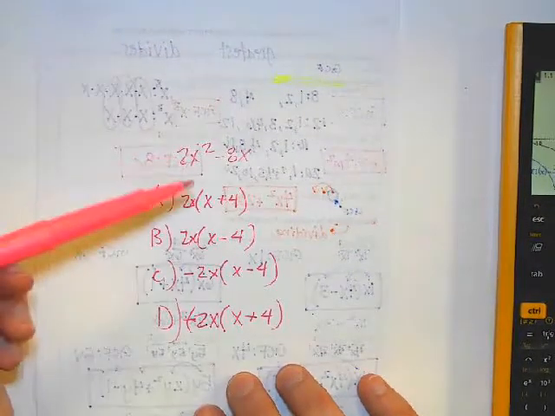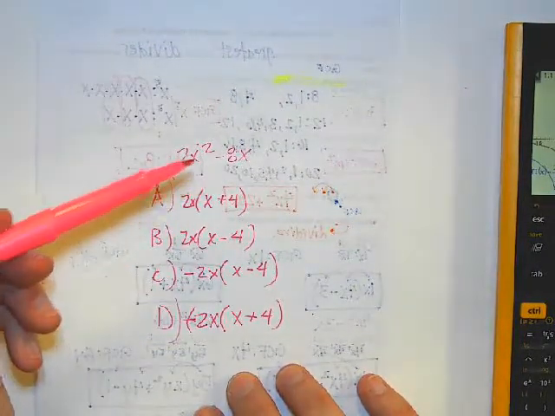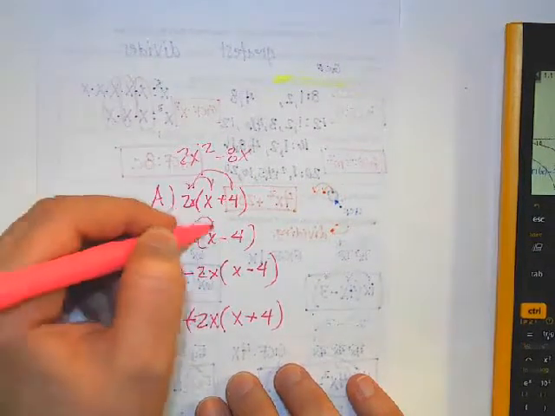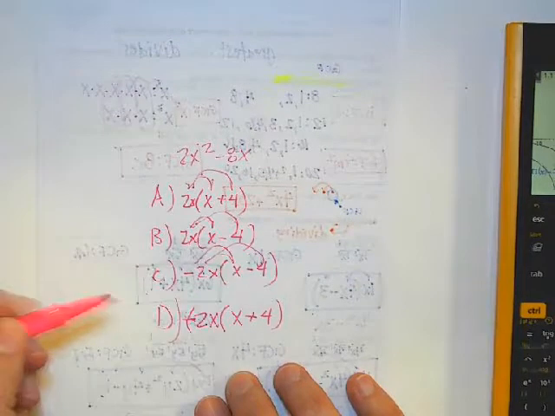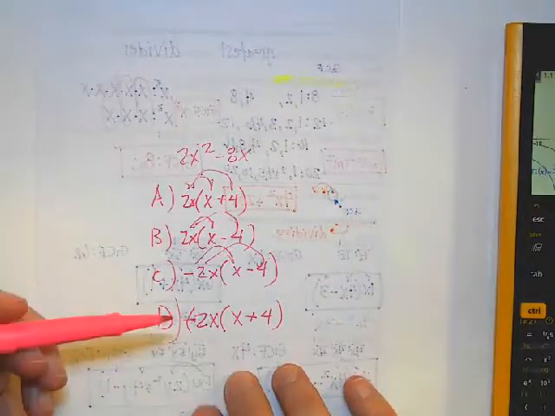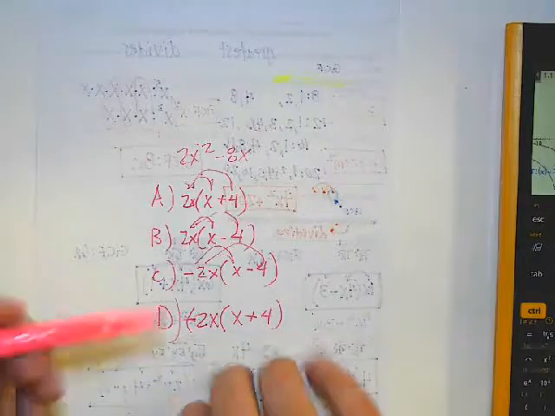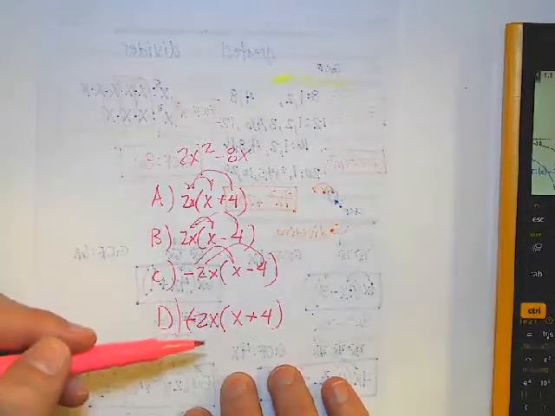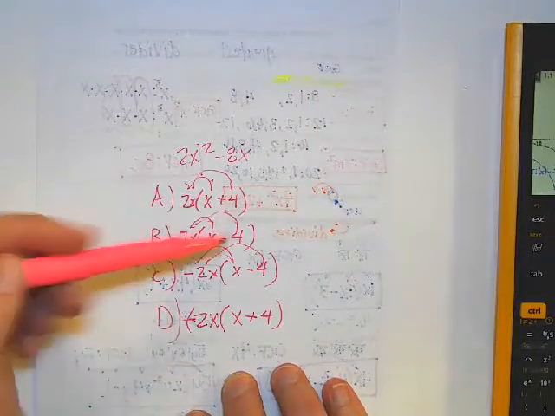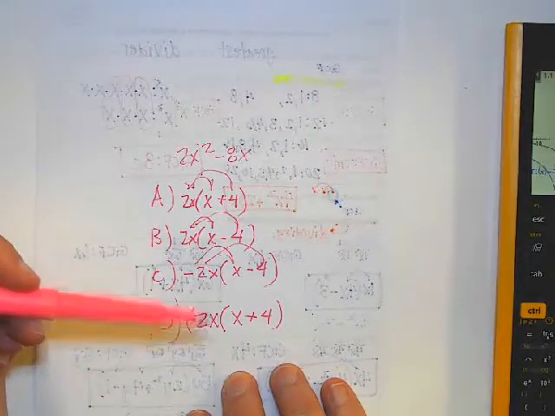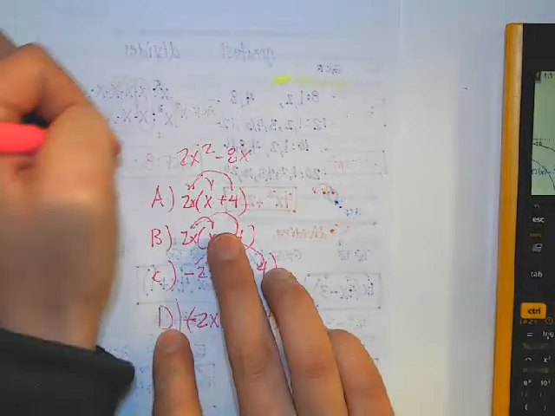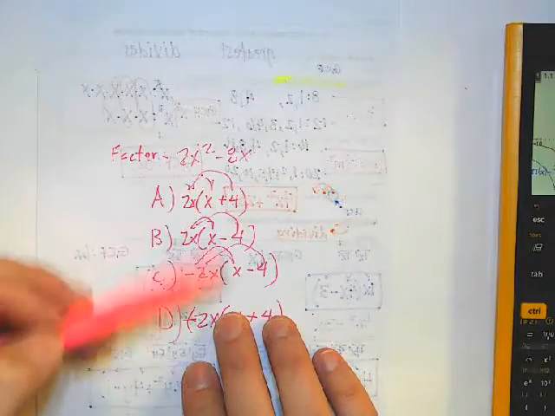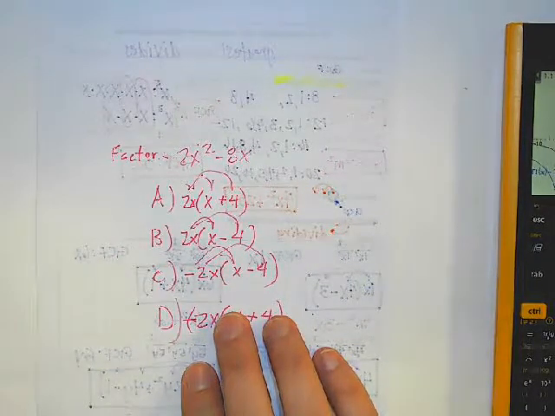Are you better at factoring right now, or are you better at distributing each one of these? Distributing. It's super important that you still remember how to distribute because it's a lot easier to distribute than factor. You can get all your answers like this on your test without actually having to factor. Even though it says factor this, you don't necessarily have to factor if you know how to distribute your answer choices. Does that make sense?